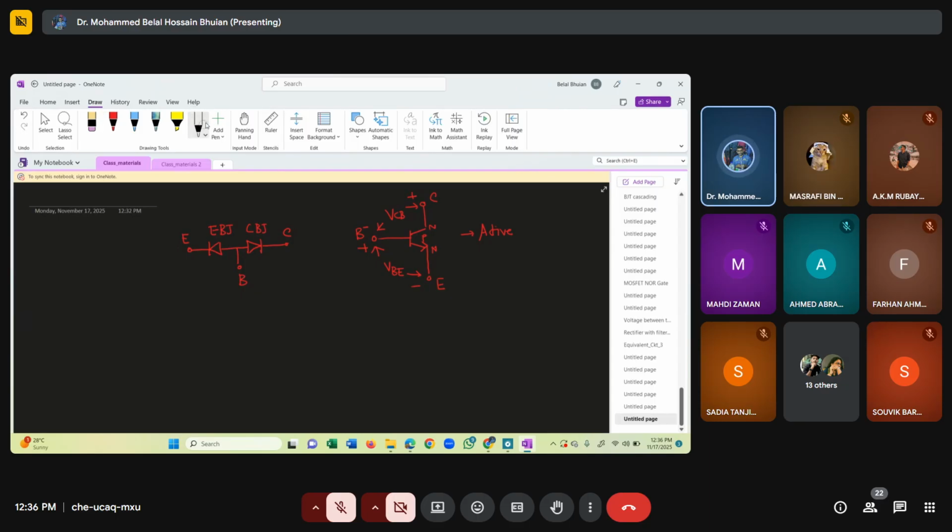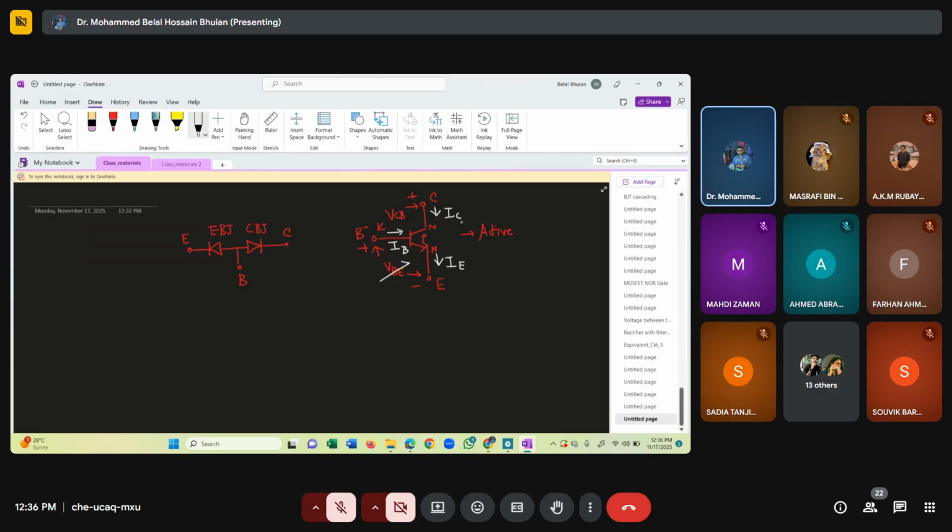If it is the case, then we have three currents flowing: collector current entering the BJT, base current entering the BJT, and emitter current.